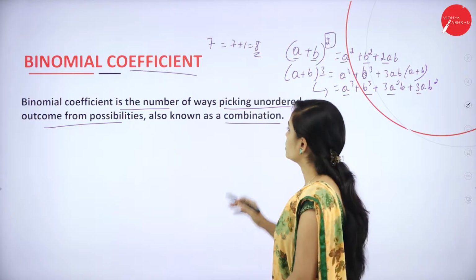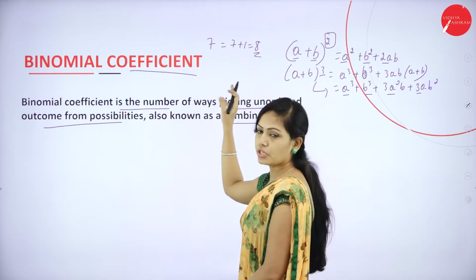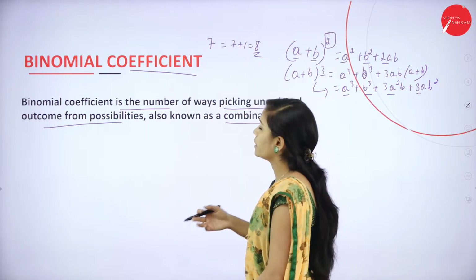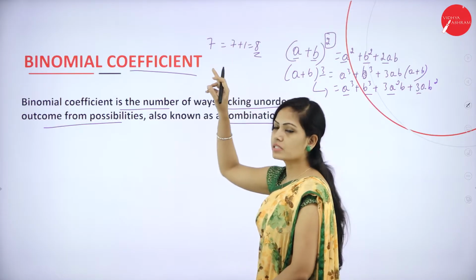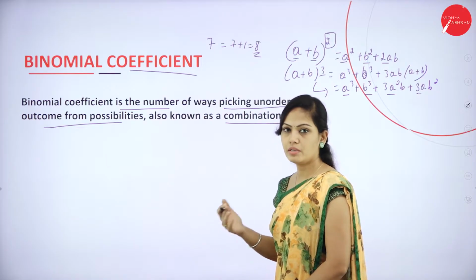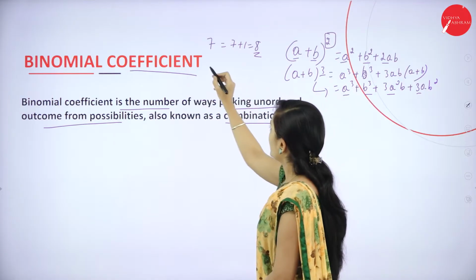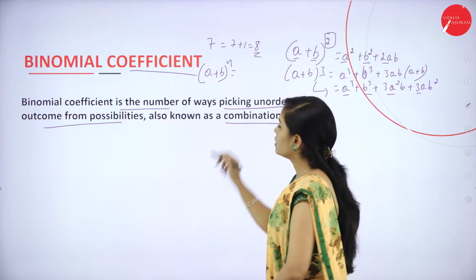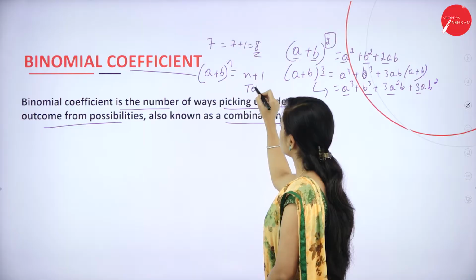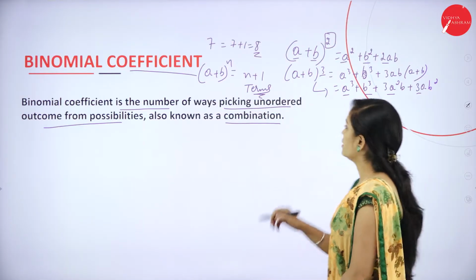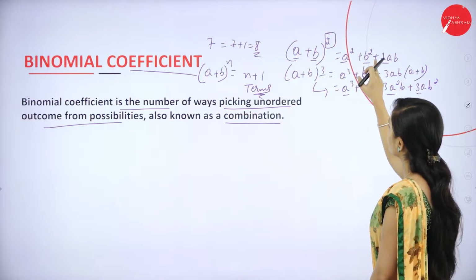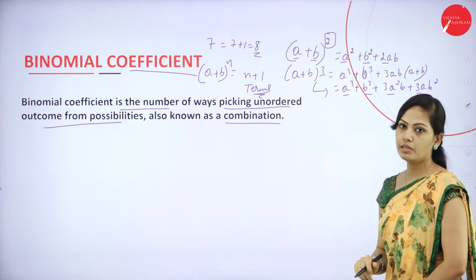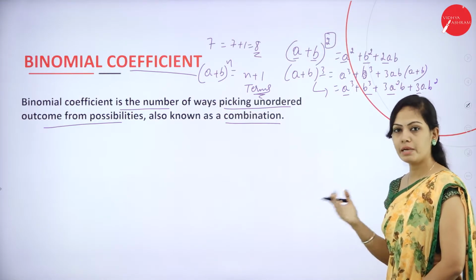In the expansion of a binomial, if the power value is 3, you will get 3 plus 1 terms. So if your expression is a plus b power n, you will get n plus 1 terms. Clear? Here a plus b whole square is a square plus b square plus 2ab, we have 3 terms. Here we have 4 terms. So if your power value is n, you will get n plus 1 terms.